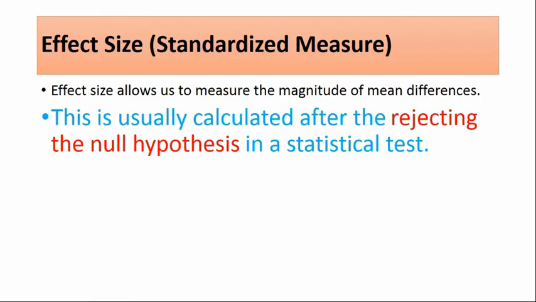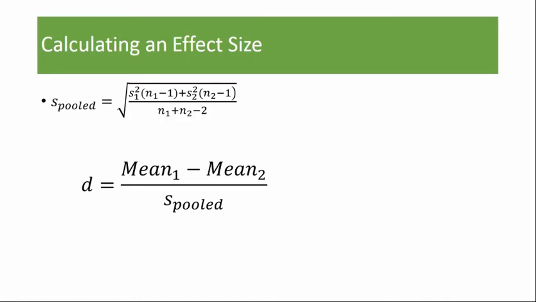Effect size allows us to measure the magnitude of mean differences. This is usually calculated after rejecting the null hypothesis. If your conclusion tells you a difference exists, only in that case will we calculate the effect size. Otherwise, if a difference does not exist, there is no need to calculate effect size.